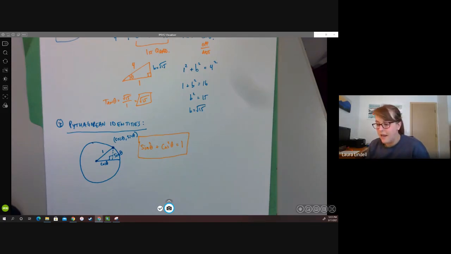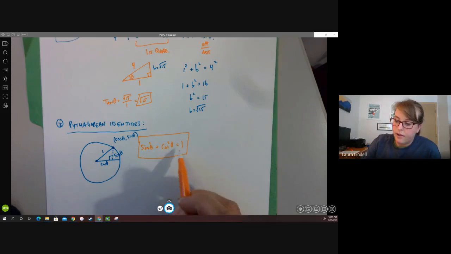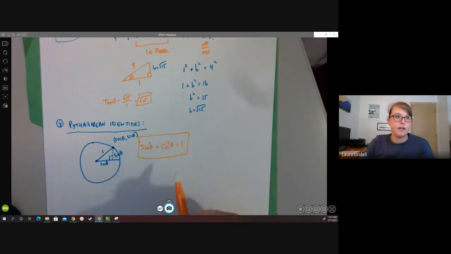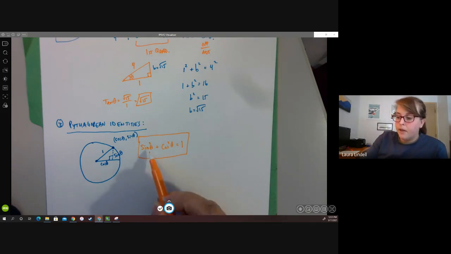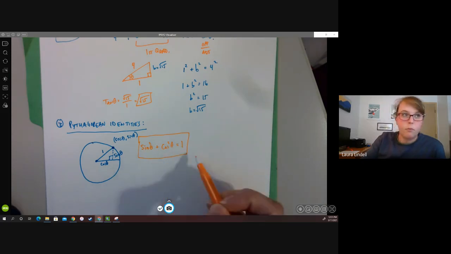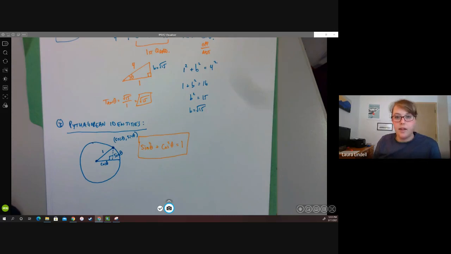You're going to use this a lot in math, especially later down the road in calculus. The Pythagorean identities tend to crop up. So this main one is definitely an identity that we want to recognize, and it's very convenient, because anytime you see a sine squared plus cosine squared, you can replace it with 1.